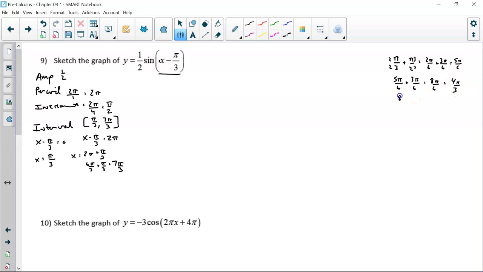And then we do 8 pi over 6 plus 3 pi over 6, which is 11 pi over 6. And then we go again, 11 pi over 6 plus 3 pi over 6, which is 14 pi over 6, which is 7 pi over 3. And that's the end of our interval, so that would be enough to sketch one full period.